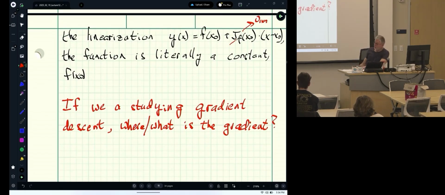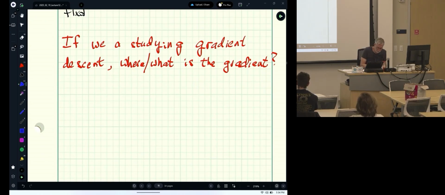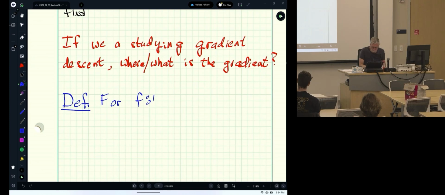All we have so far are Jacobians. Okay, so here it comes. Definition. For scalar valued functions, so it's important, the codomain is the reals. It's not R17, not even R2.